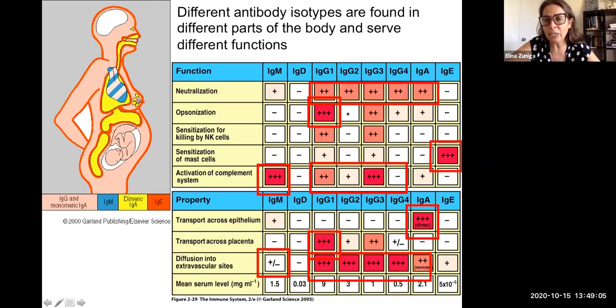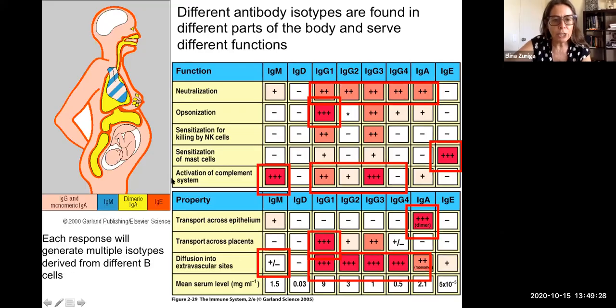We also learned that IgE is very low in concentration, as depicted here, much lower than other isotypes, and is good for sensitizing mast cells, eosinophils, and basophils that are important for fighting helminths, big parasites, and also cause allergies. Okay, so each response will generate multiple isotypes, okay? Each time we see an antigen, it will generate multiple isotypes derived from different B cells that have different specificities, okay?